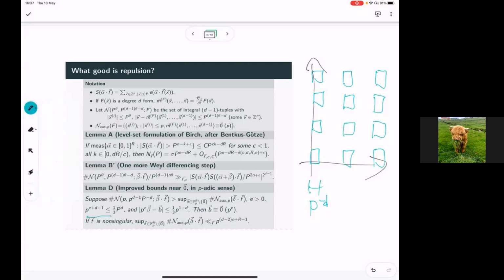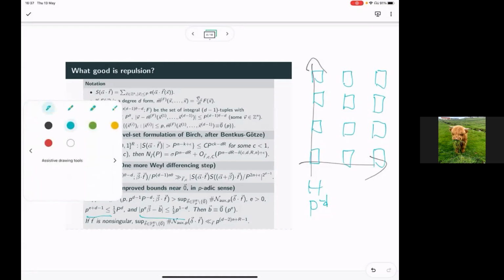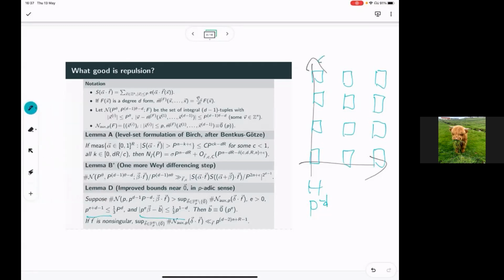So these two conditions mean really that these boxes are of size capital P to the minus d, and the distance between these boxes is little p to the minus e, where little p is a prime and a parameter, and e is a natural number and a parameter.